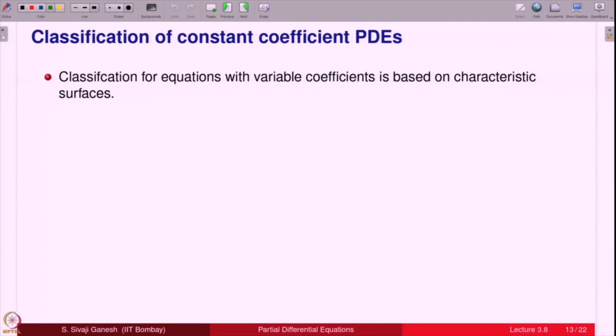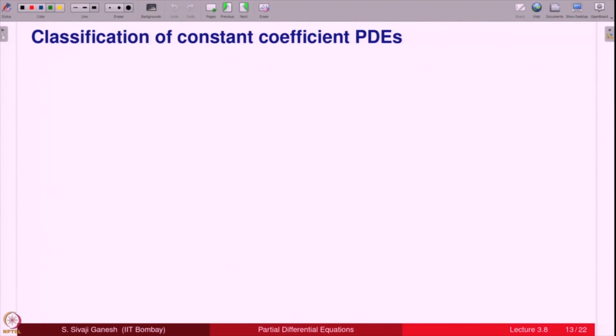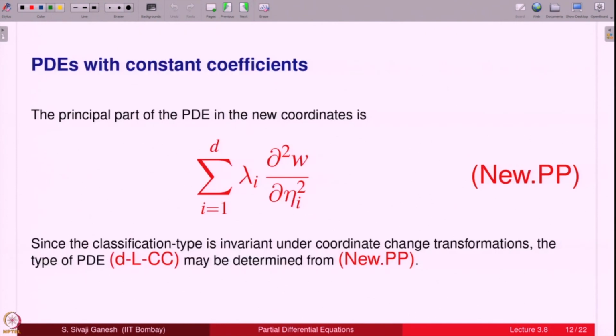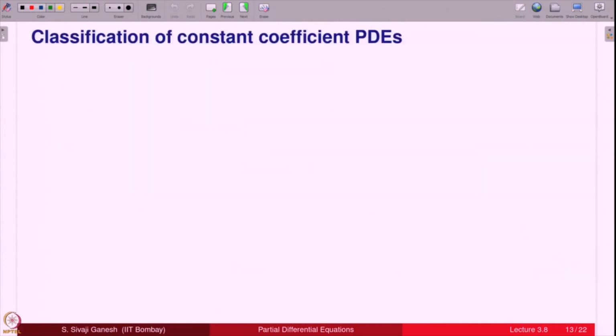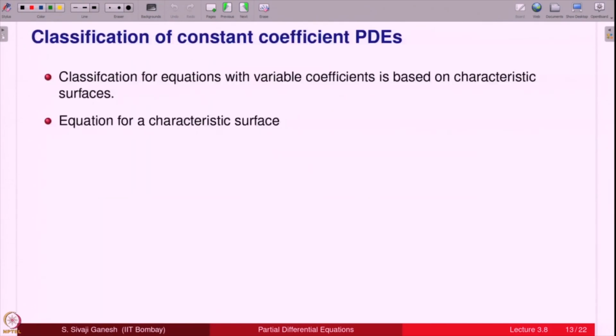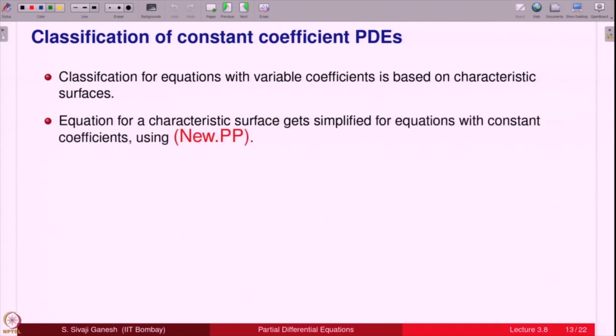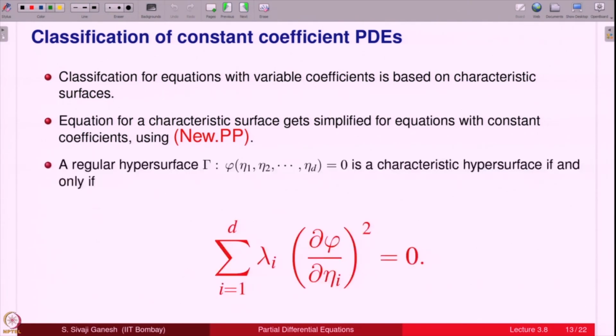Things become much easier if you are in this new coordinate system eta i, which is defined on the previous slide, eta i equal to Qi dot x. Things are much simpler. So, the equation for a characteristic surface gets simplified for equations with constant coefficients using new PP.